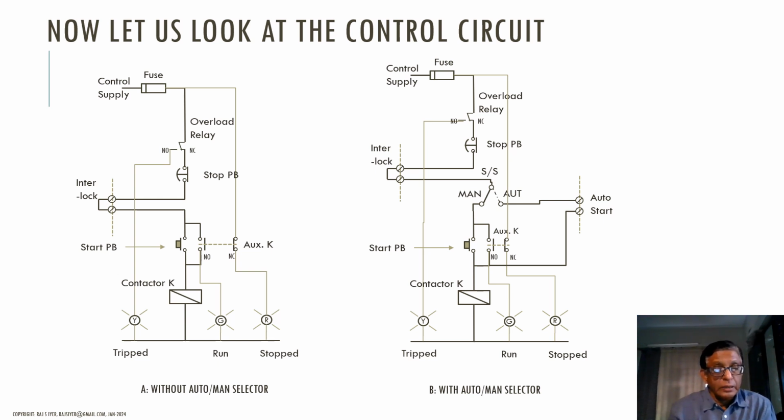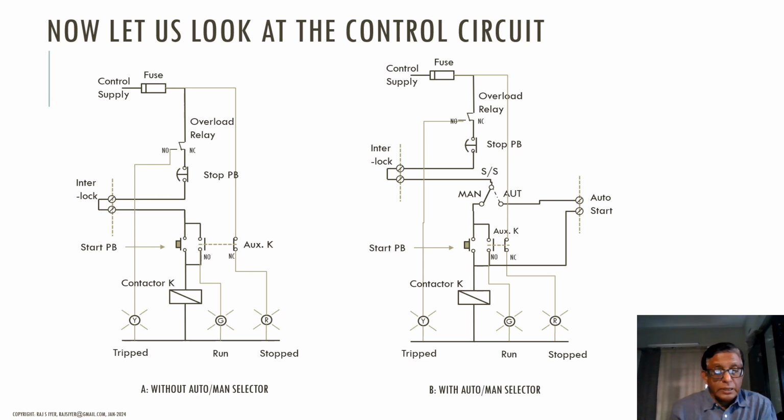Okay, then you see the start push button, and thereafter it is connected to the coil of the contactor. The other side is grounded, and you see there are two auxiliary contacts of the contactor, one NO and one NC, which is typically the case.